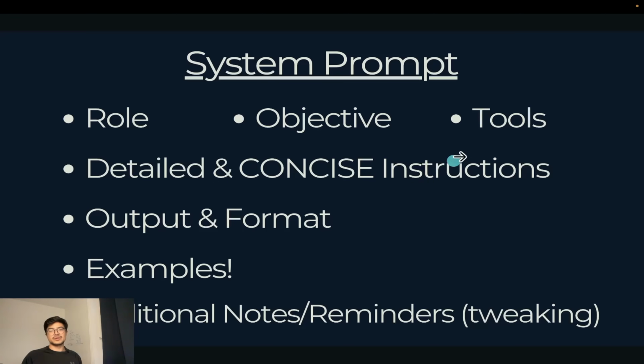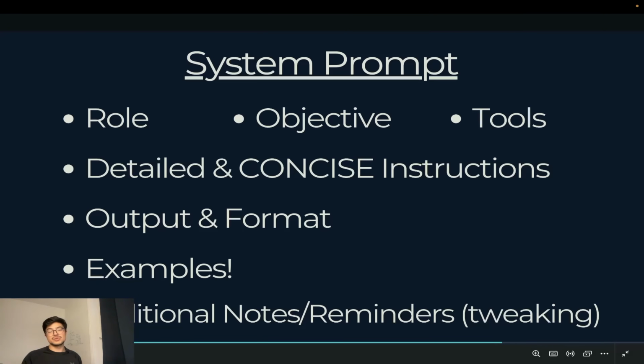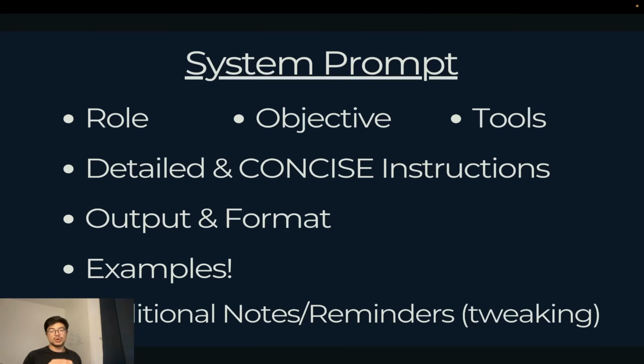About the tools, they have to be detailed and concise, but that pretty much applies to everything. Detailed but concise, don't fluff, because when you fluff, the language model is not going to perform as well. Then the way you want the output formatted. Examples, very important to give it examples, and then additional notes. This is specifically used for tweaking the language model's output to how you want it.